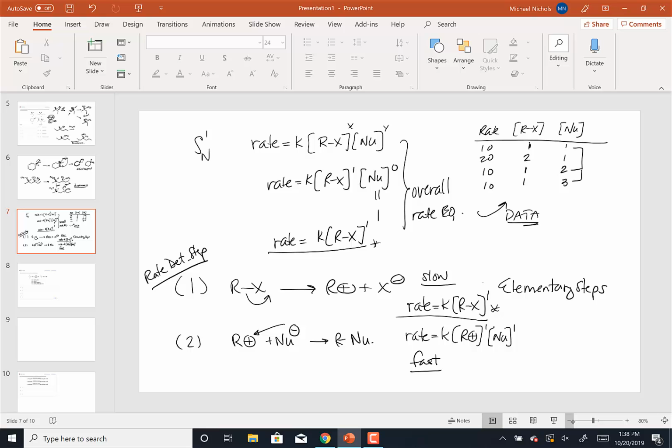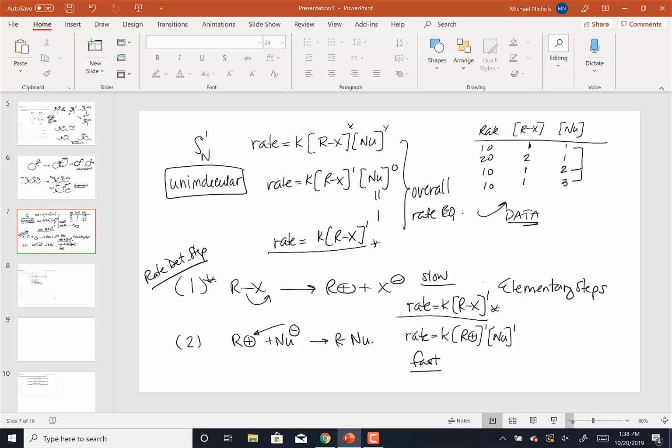And why is it an SN1 reaction? The SN1 stands for unimolecular. In this case, unimolecular means that there is one molecule reacting in the mechanism, and that is the first elementary step in the mechanism.